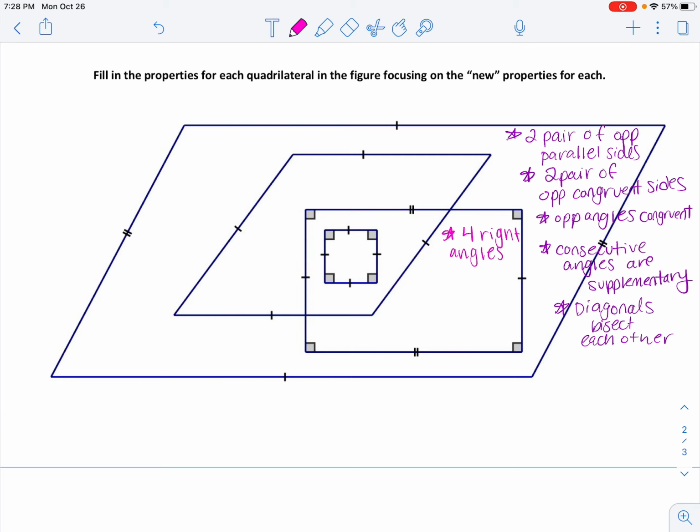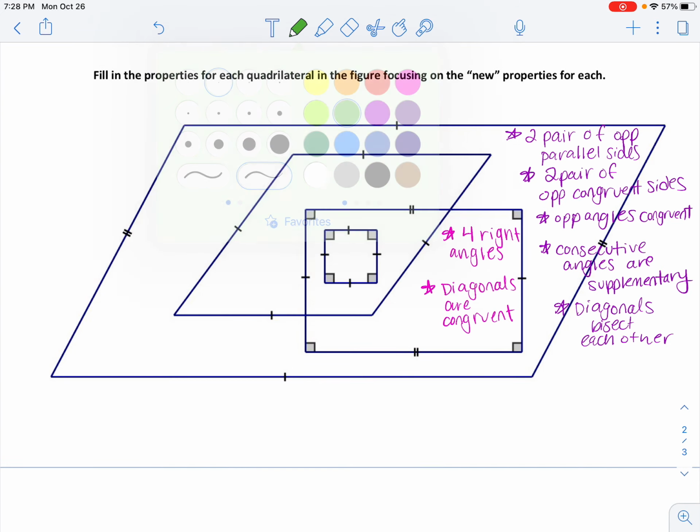And now once we get a rectangle, so we have those 4 right angles, we also get a new property. And that new property is that its diagonals are congruent. Very cool. Now let's look at the rhombus. A rhombus is a parallelogram, so it also has these 5 purple properties, but it has its own extra ones.